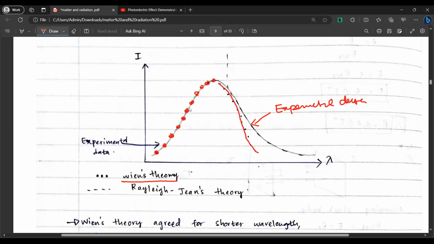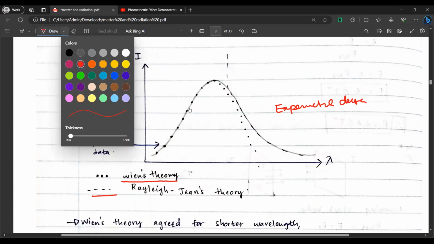Look, it's deviating. And then we had Rayleigh-Jeans theory. His theory was only suited for longer wavelengths. When we had to draw the graph for shorter wavelengths, it was not suitable. So both theories were suitable only for a certain region, not the complete graph.